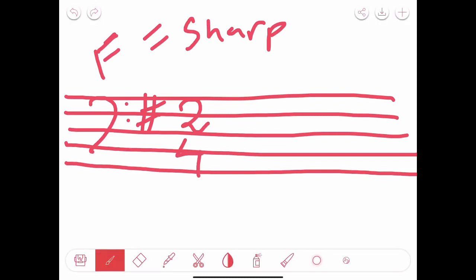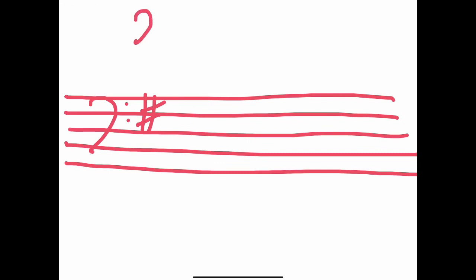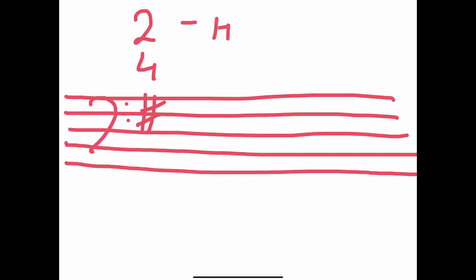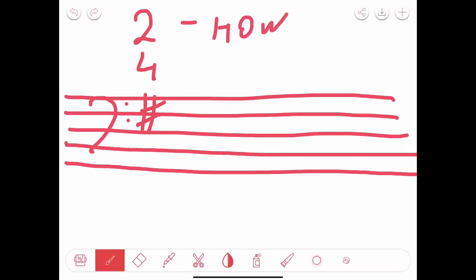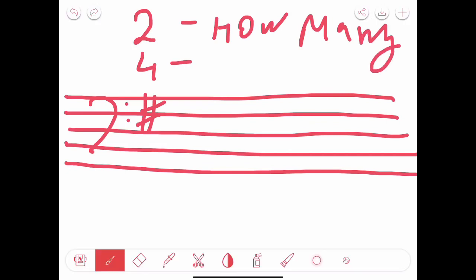And the time signatures have two numbers. Let's review. The top number tells you how many. The bottom number tells you what kind.